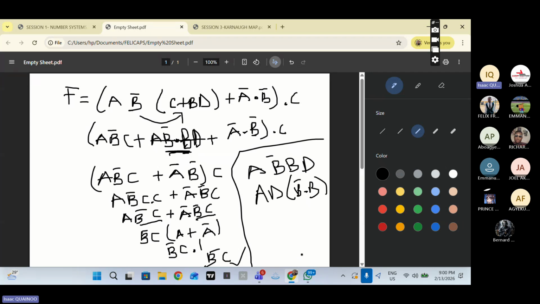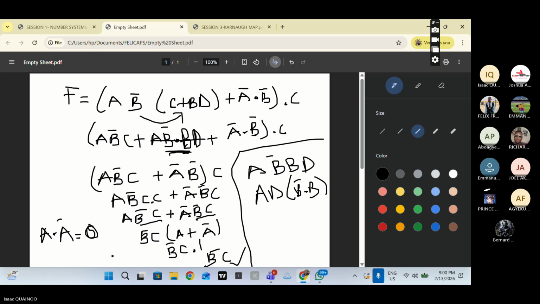Okay, so we know that B prime times B, or B prime and B, justifies our Boolean law that says that if we have A times its complement or its inverted value, then the result is going to be 0. You remember this, right?